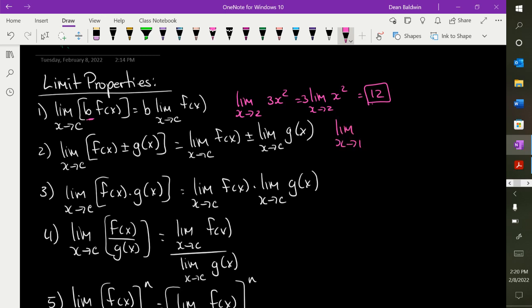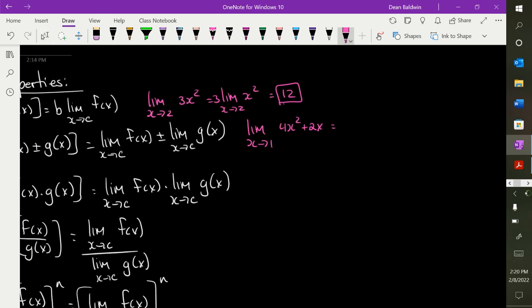But if I have x going to 1 of 4x squared plus 2x, I can rewrite that as the limit as x goes to 1, 4x squared plus the limit as x goes to 1 of 2x, which is going to give me 4 plus 2, which is 6.